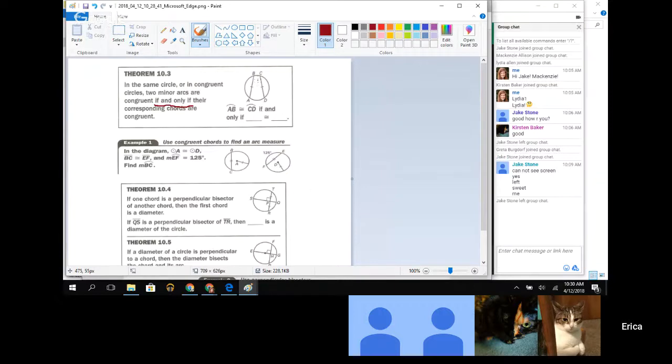two minor arcs are congruent to each other. So arc AB, try to draw it here. Arc AB is congruent to arc CD if and only if line AB is congruent to line CD.